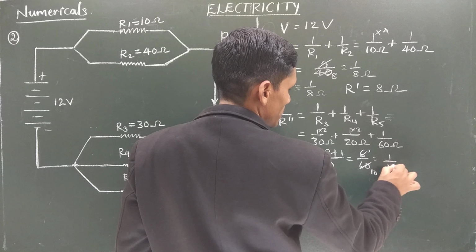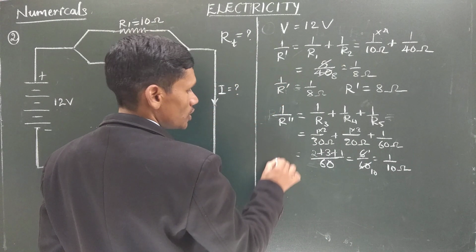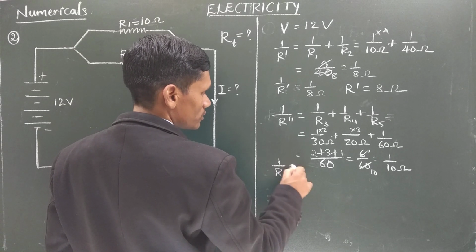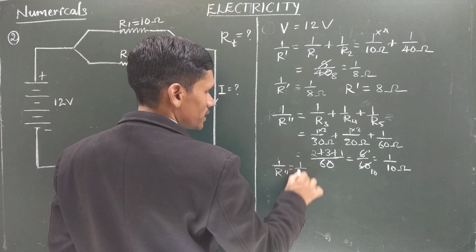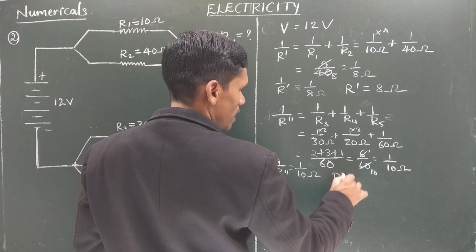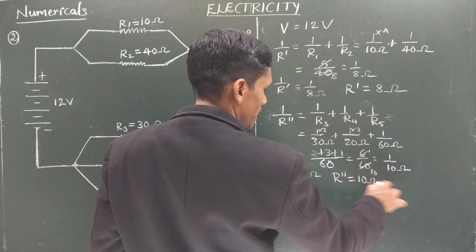So how much are we getting here? 1 by 10 ohm we are getting. So 1 by R double dash is equal to 1 by 10 ohm. This can be written like this: R double dash is nothing but 10 ohm.